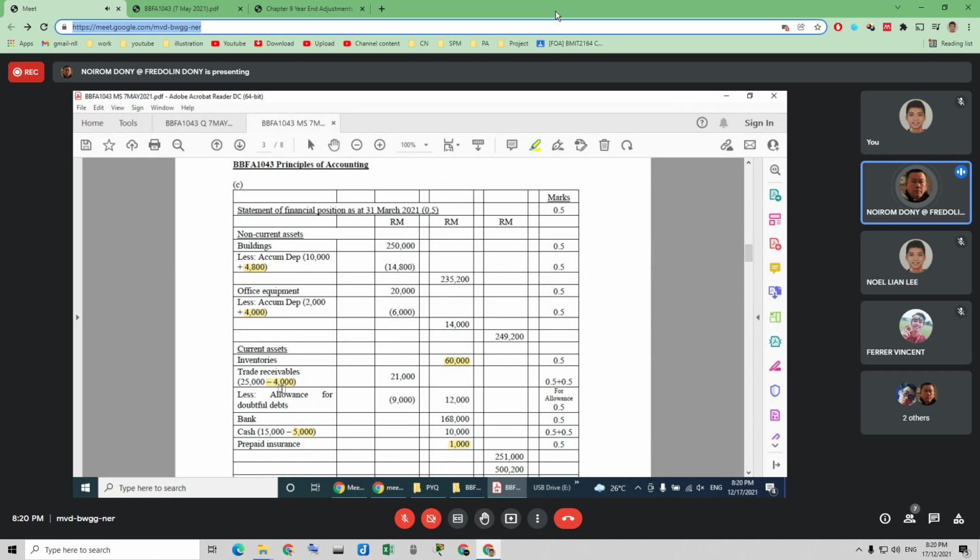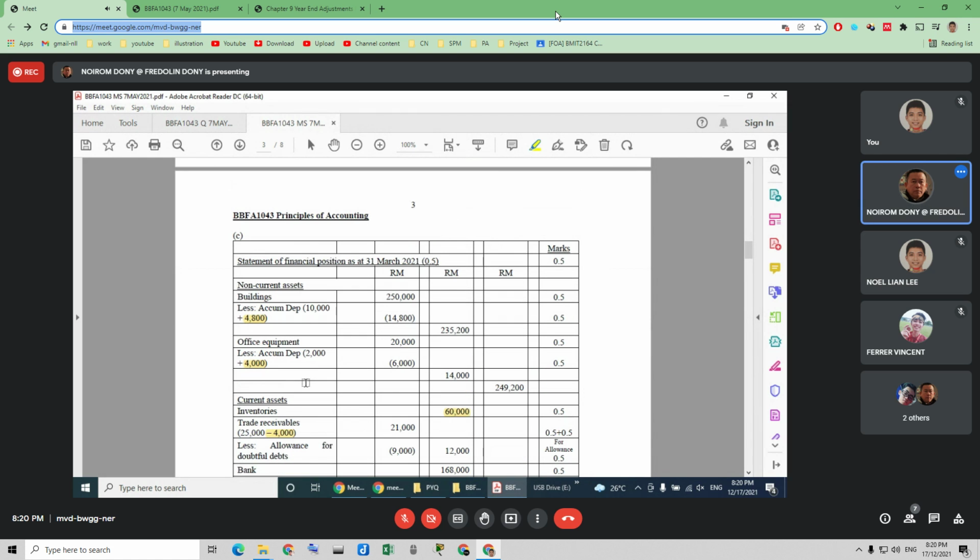Okay. And then we have allowance of doubtful debts. If you look at the trial balance, you have the opening balance, which is 6,000. Okay, 6,000, and compare with the new allowance in additional information number 5, okay, 9,000, meaning you have an increase in doubtful debts.